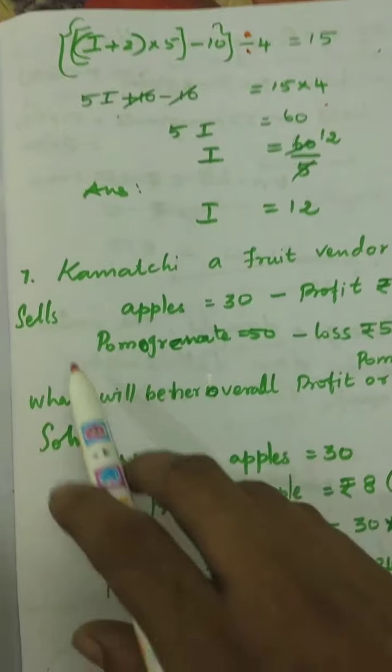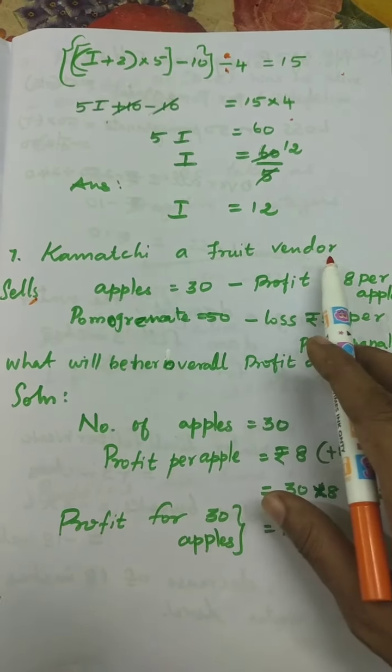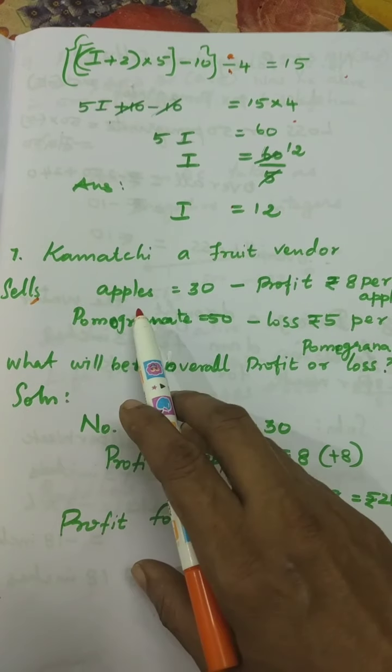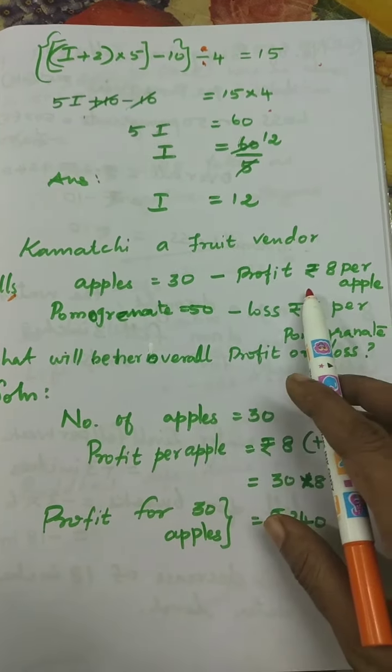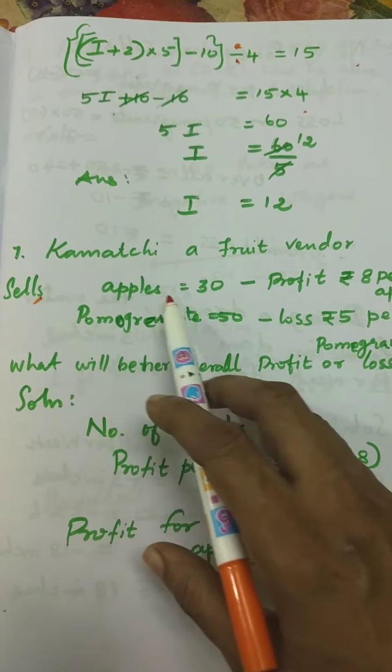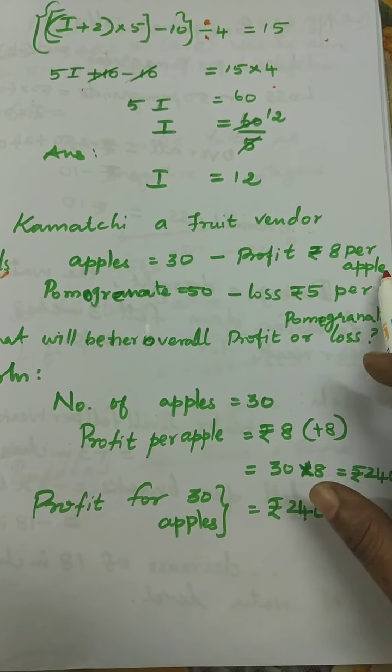Now the 7th problem. Kamachi, a fruit vendor, sells apples. The number of apples is 30, and the profit is rupees 8 per apple.